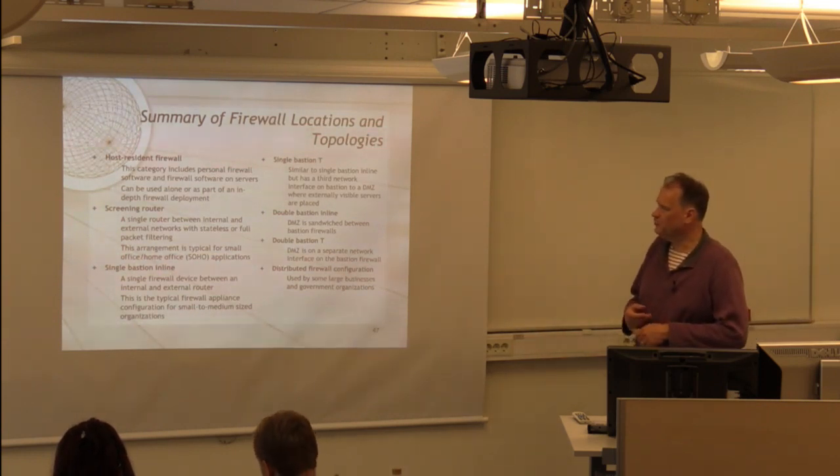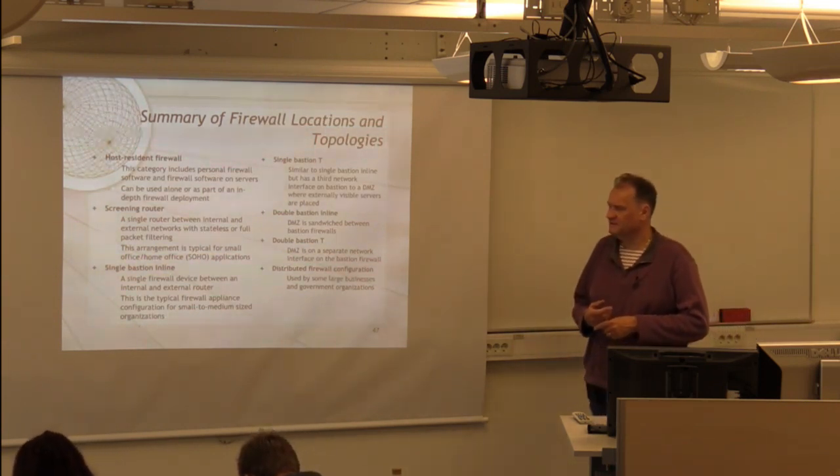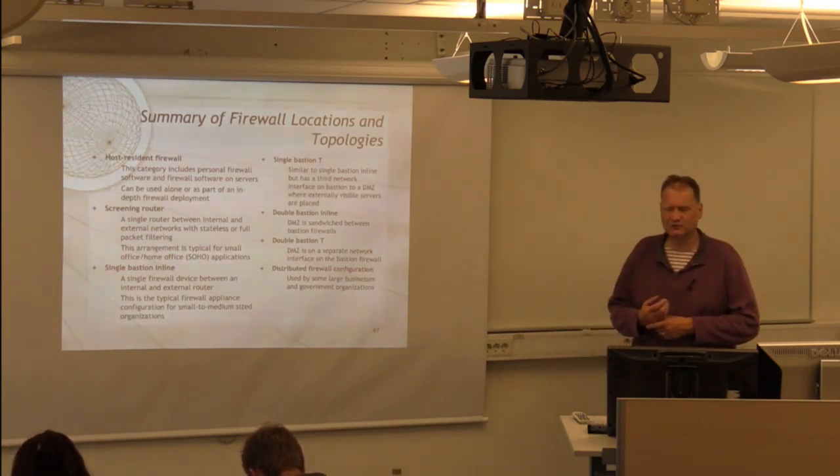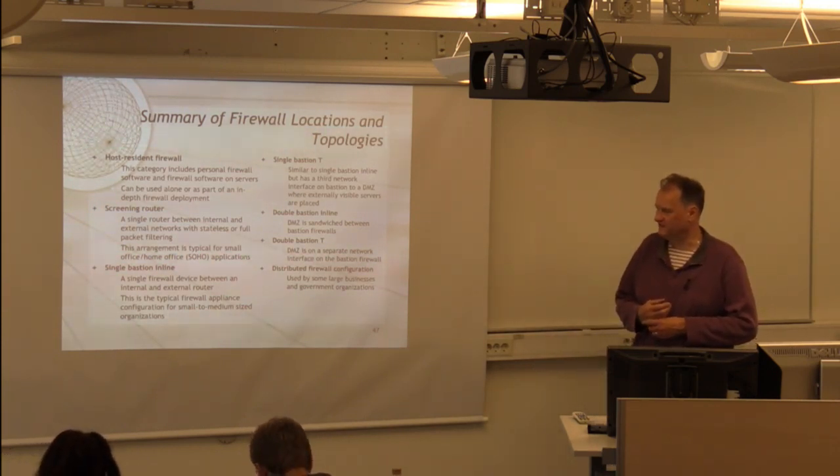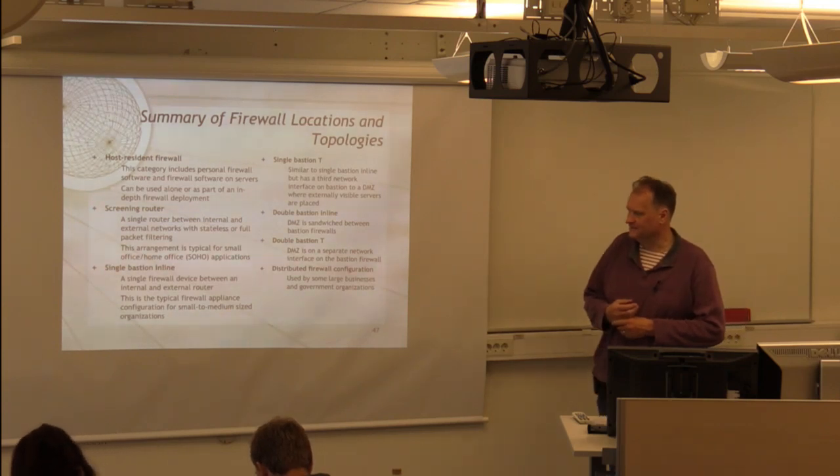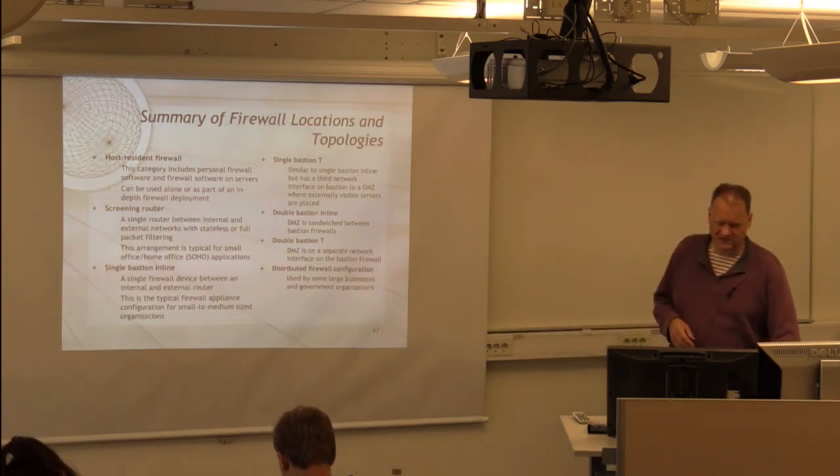So, to sum up all the different possibilities, here we see just different ideas on how to build the firewalls, how to combine different systems. So I won't go through them now, it's just really a sum up of what we talked about already.